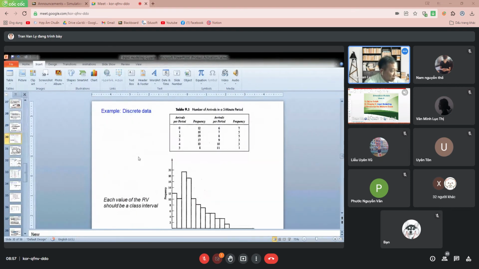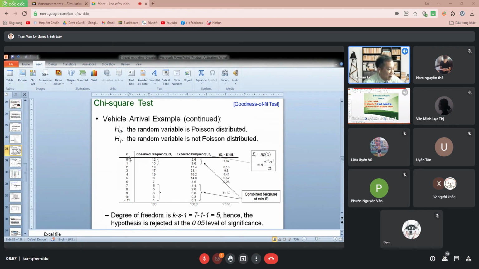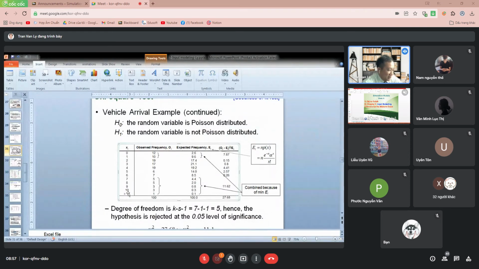Next, you take such kind of data into this graph, and now we apply. Oh, it follows the Poisson statement. This one is not Poisson. So if this one, we reject it. Let's see. Okay, we put it here. And you see, this is the key thing.